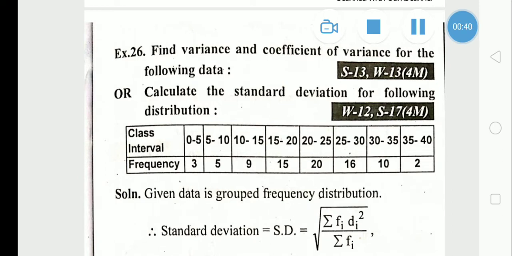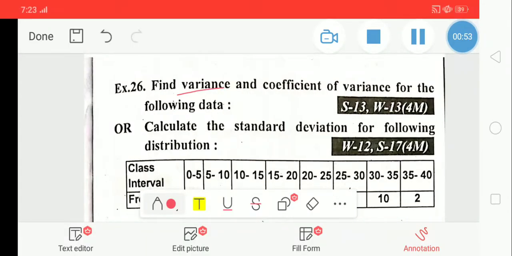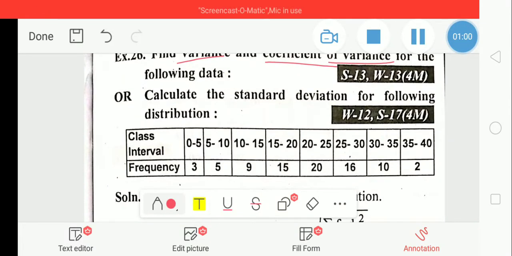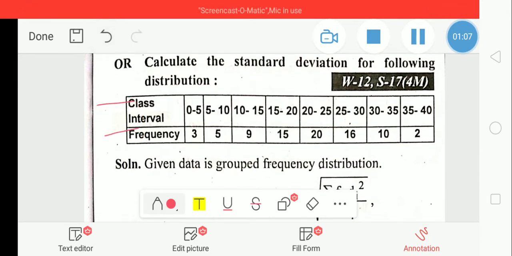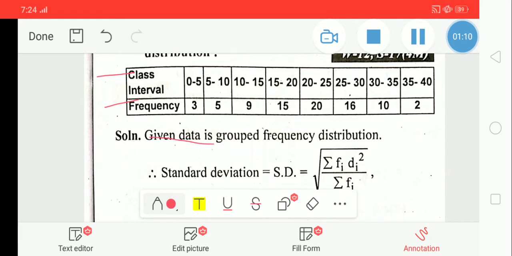Find the variance and coefficient of variance, and calculate the standard deviation of this distribution. So class interval and frequency both are given. So the given data is a group frequency distribution.